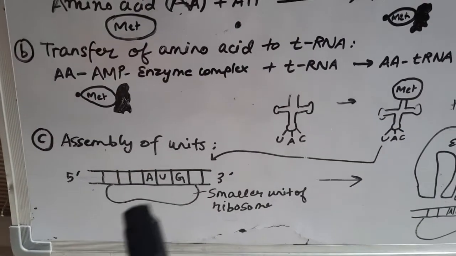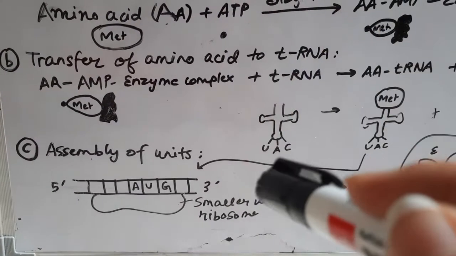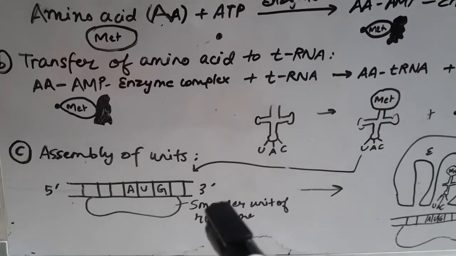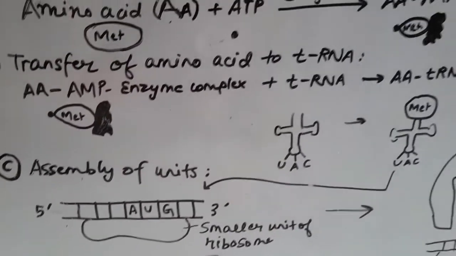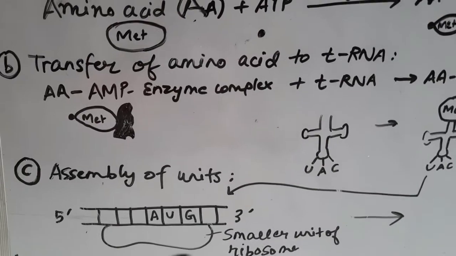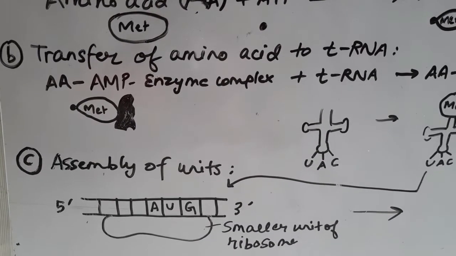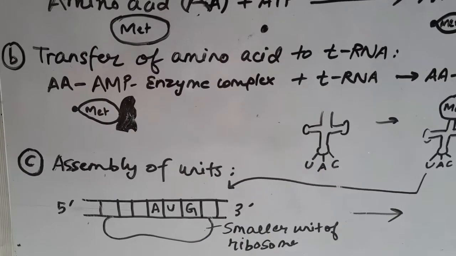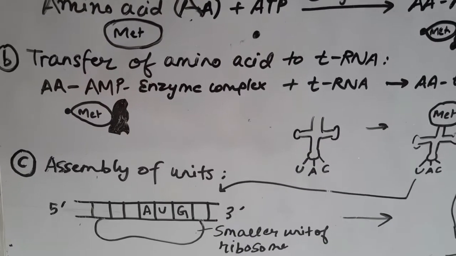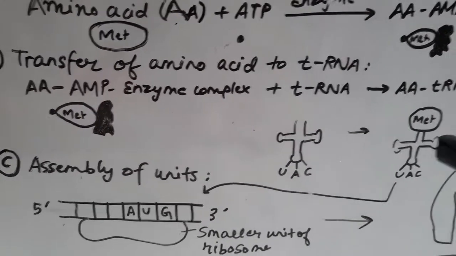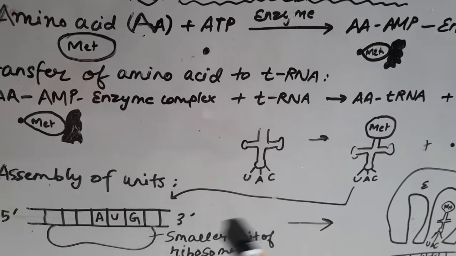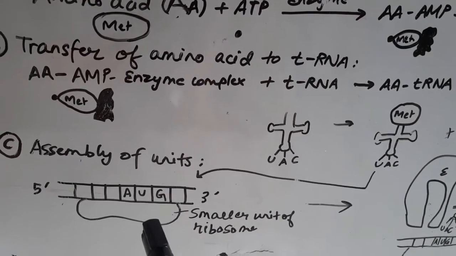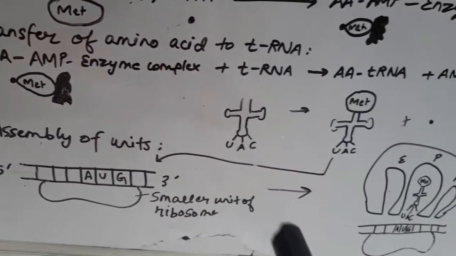Step C is assembly of the units involved. The 5 units we have studied till now will assemble together to start the process. Here in this process, the mRNA will first be attached by the smaller ribosome unit that will attach to a particular point from the 5' to 3' strand, and this charged tRNA will attach to the AUG codon in the mRNA.